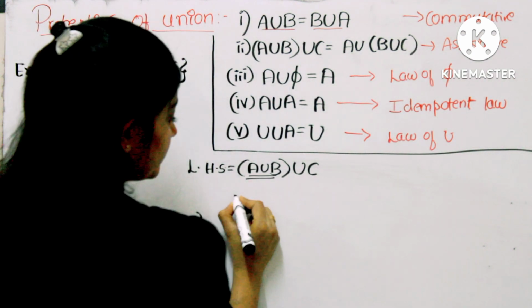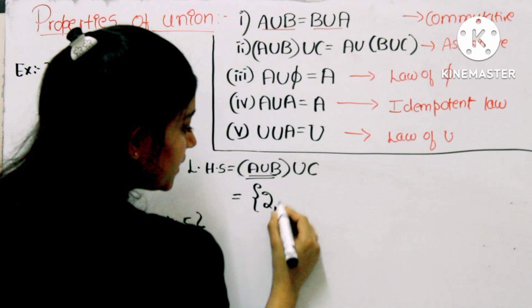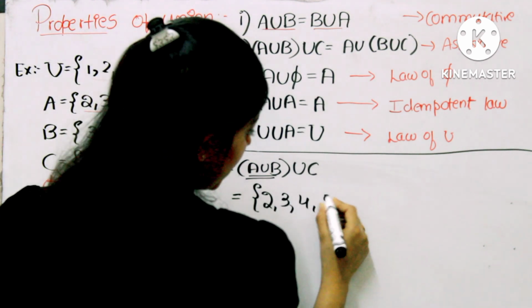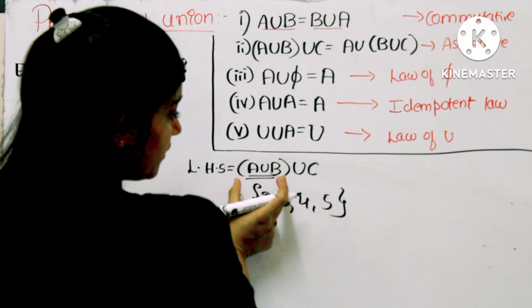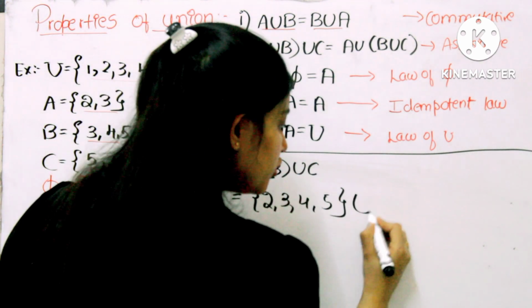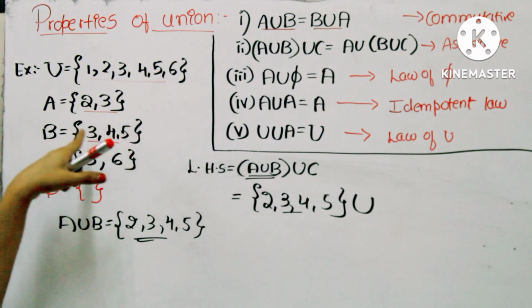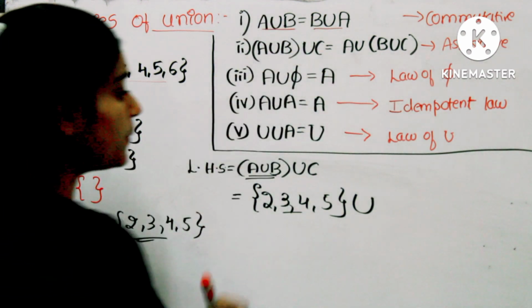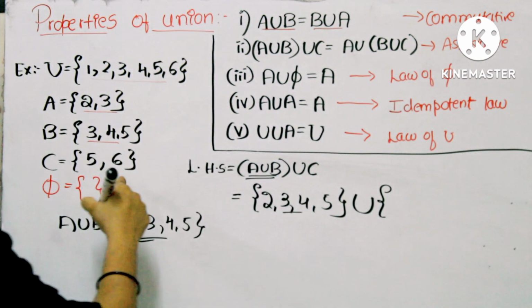So this is equal to {2, 3, 4, 5}. First you have to solve in the bracket. After that write again union. A union B is what? {2, 3, 4, 5}. We already solved in the first term. Union C. What is C? C is {5, 6}.